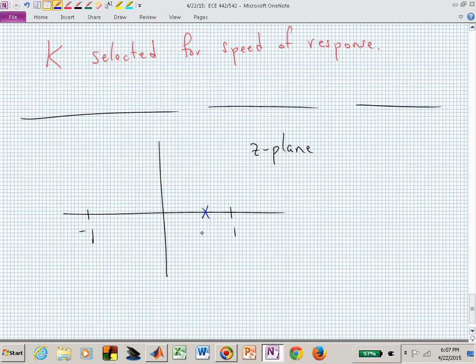Suppose now that your plant has a pole at 0.7. Your PI controller put a pole there and a 0 right there at 0.75. Is that going to give you much different behavior than what you expected if you were right on with the 0 and the pole cancellation?